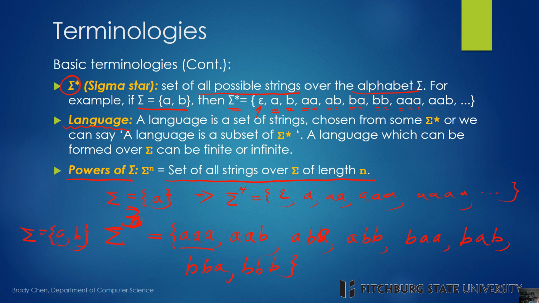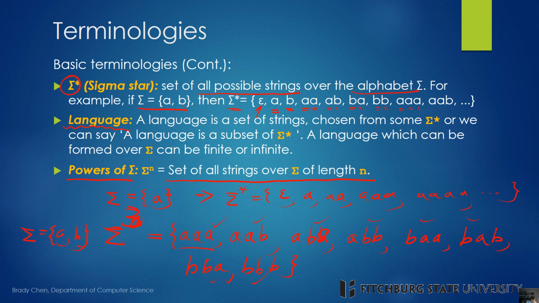I think that's pretty much all the combinations of A and B with length 3. So how many items do we have? 1, 2, 3, 4, 5, 6, 7, 8. So sigma to the 3 contains 8 elements. Each element is a string of length 3.